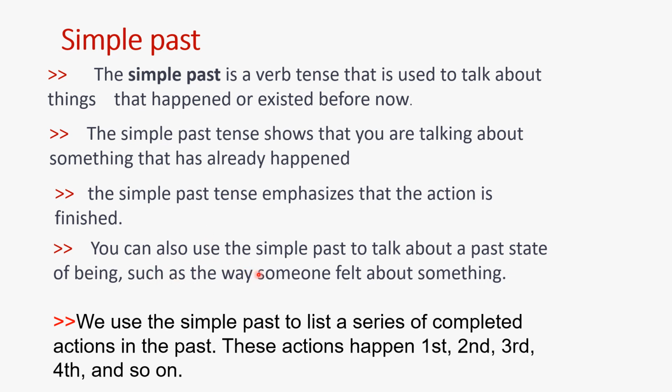You can also use the simple past to talk about the past state of being, such as the way someone felt about something. We use a simple past to list a series of completed actions in the past. These actions happen first, second, third, fourth, and so on.